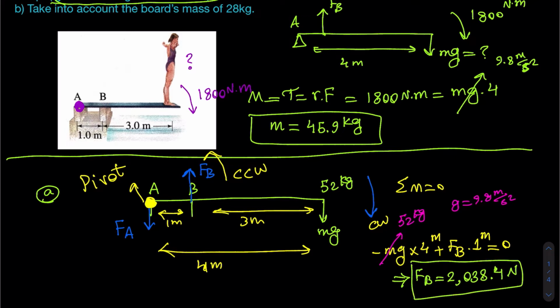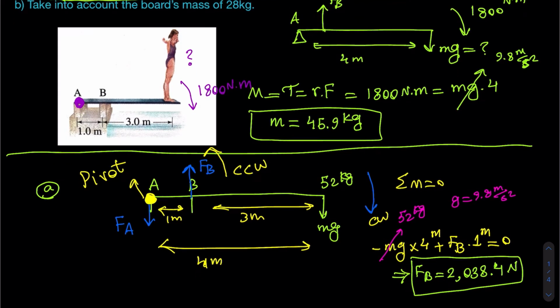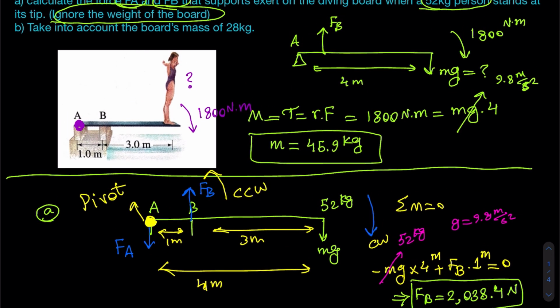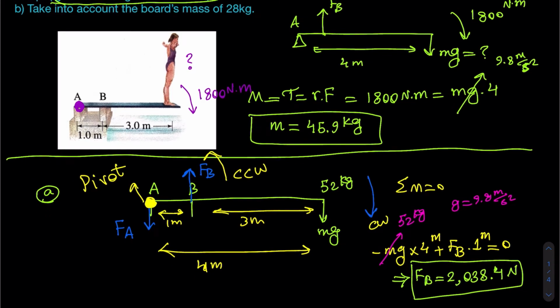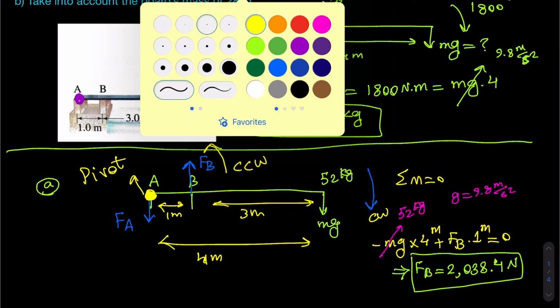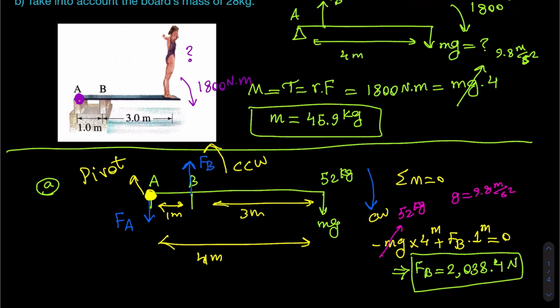We have found FB. Now, how to calculate FA, or the force acting from support A on the board? In order to calculate that force, we can use the first condition of equilibrium, which is an easier way.